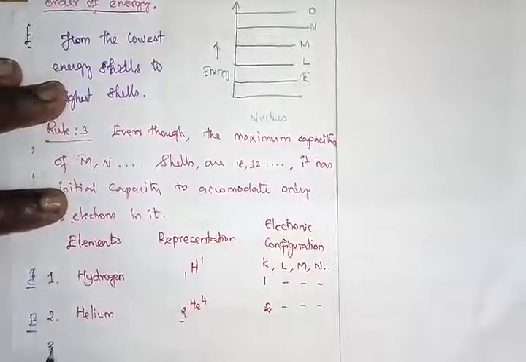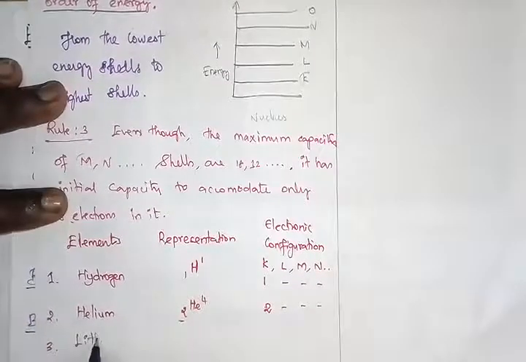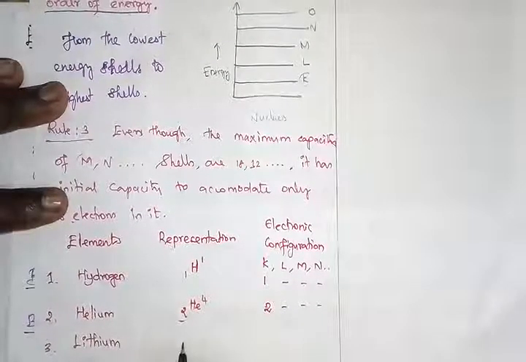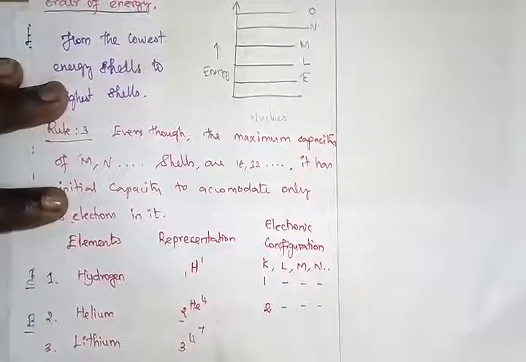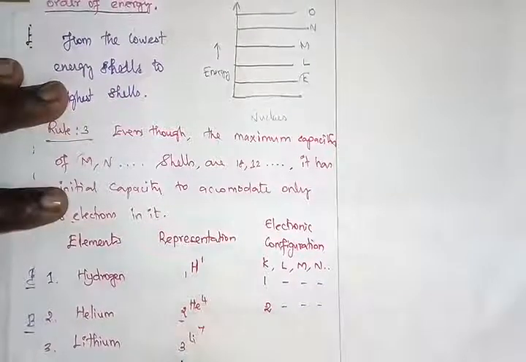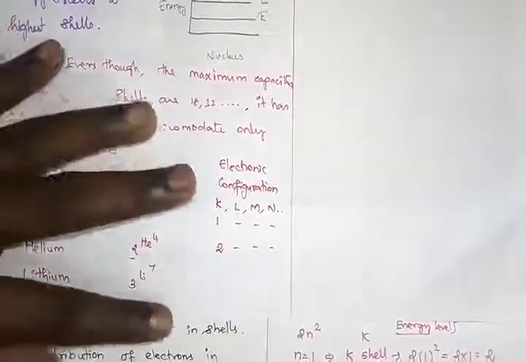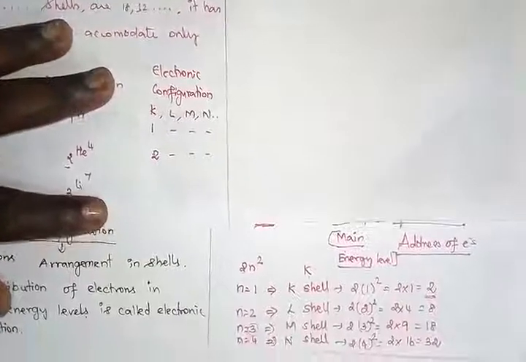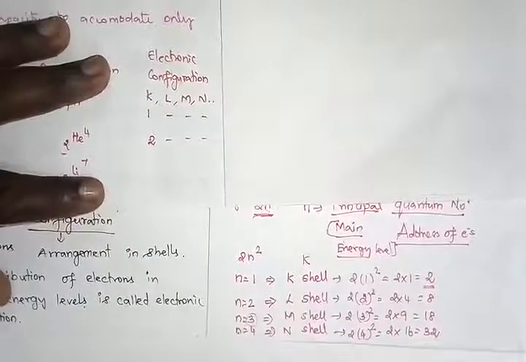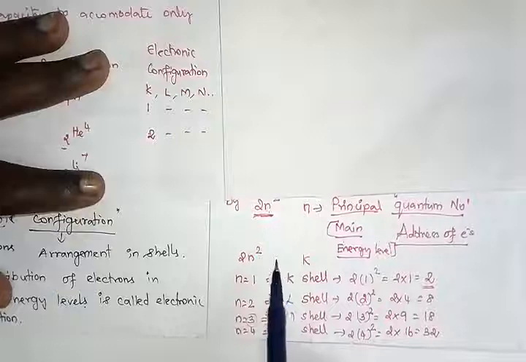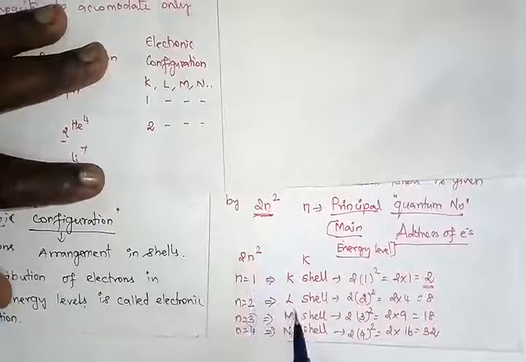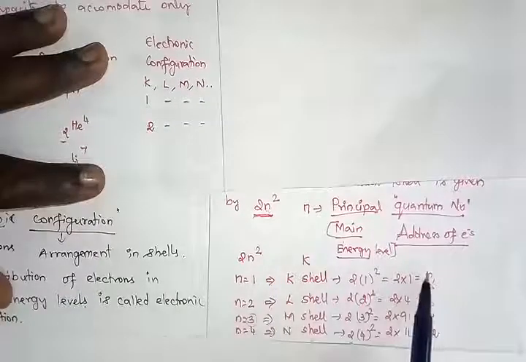The next one, the third one, lithium, 3Li7, right? So totally how many electrons do we have? 3. Initially we said, look at this arrangement, right? According to the 2n squared formula, we derived that the K shell has a maximum capacity of 2.